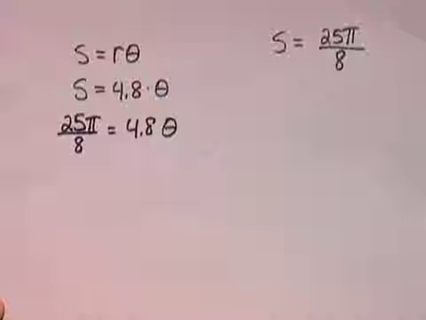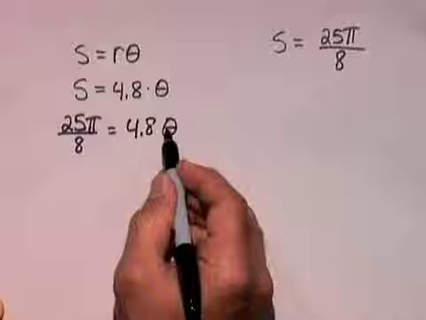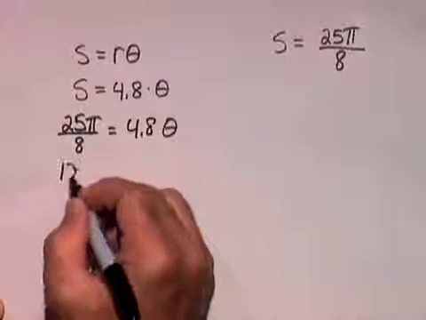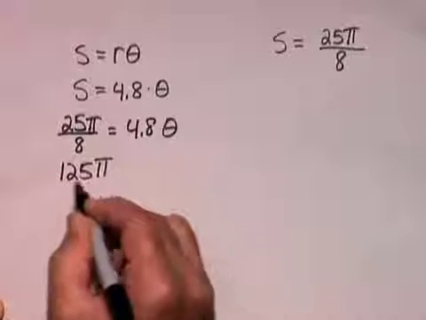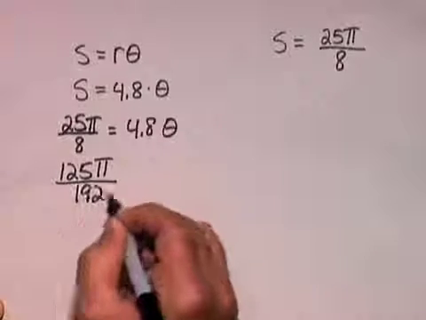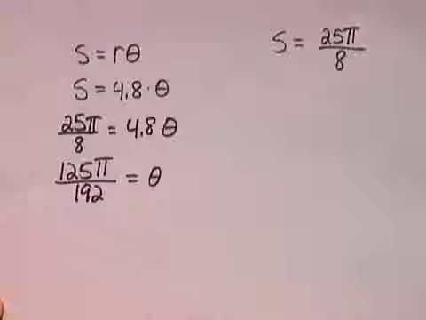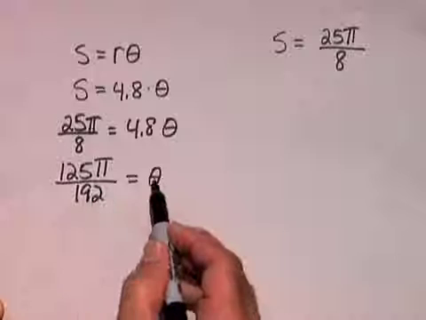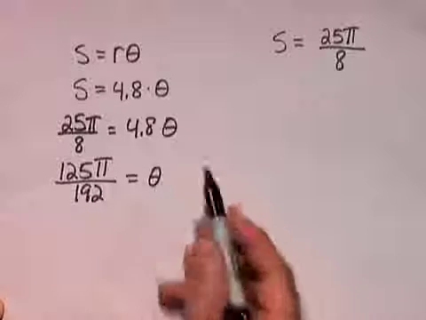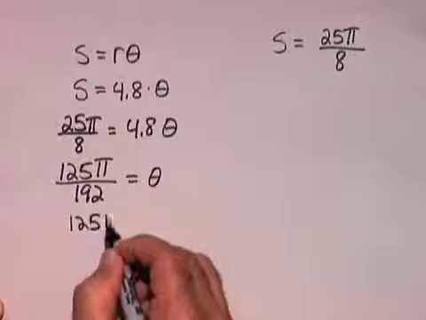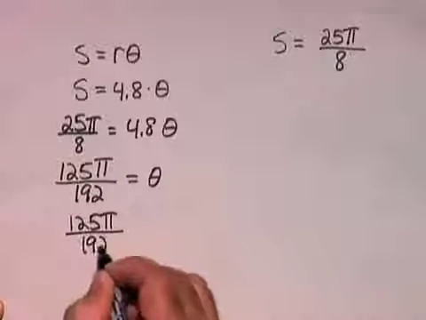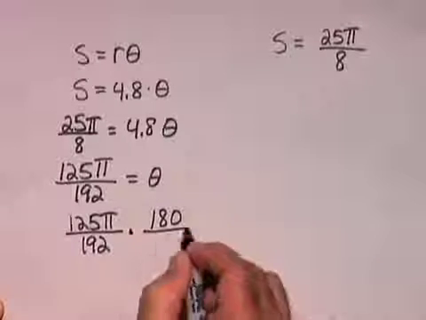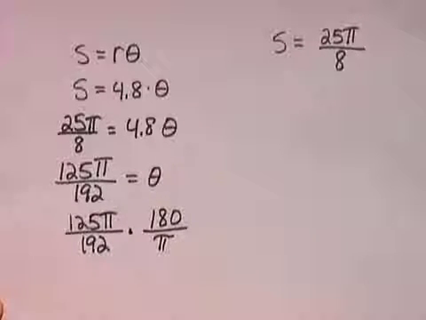Now what we'll do is divide both sides by 4.8. When you do that, it actually simplifies to 125 pi over 192. Now that's theta in radians, but we're really interested in converting it back to degree measure. So we would multiply 125 pi divided by 192 times 180 divided by pi.